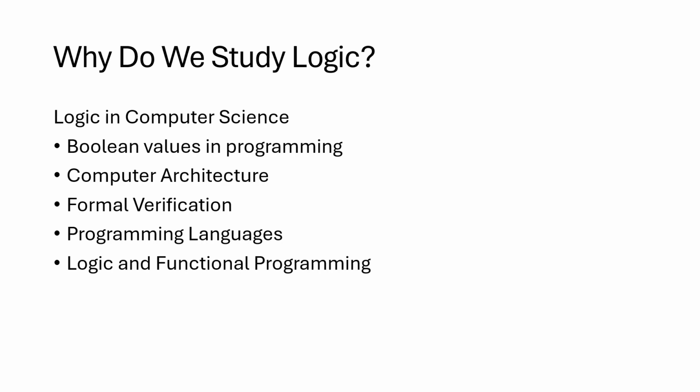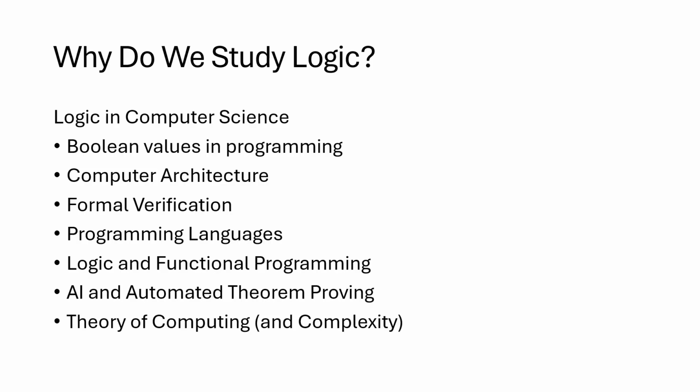In functional programming, in programming languages such as Haskell and F#, the language is directly based on logical principles such as lambda calculus and the Curry-Howard correspondence. In AI and automated theorem proving, logic enables knowledge representation, reasoning, and automated proof search, powering areas such as SAT solvers, which are essential for many AI systems.